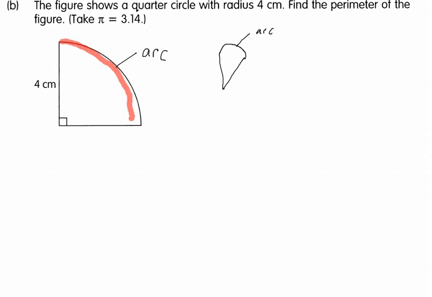Now let's go to the question. Since we know that it's 1/4 of the circumference, Elliot, tell me the formula to find the length of the arc. 1/4 times... how do you find the circumference? What's the formula to find circumference?